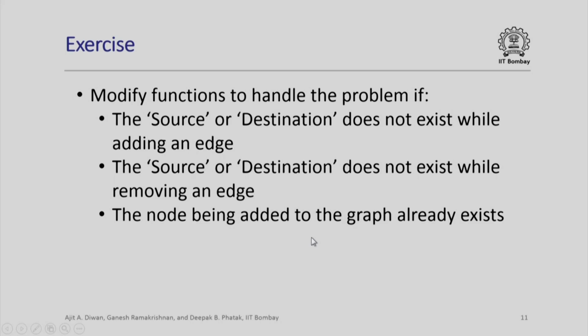But assume that you are getting the nodes to be added from the user in an iterative fashion, and by mistake a user prescribes a node which already exists. So, the node being added to the graph, if it already exists, well, we must not add it. As I mentioned, these are the kind of problems which make the real life code for our program a bit longer, but always much safer, and that is the sign of a professional program.